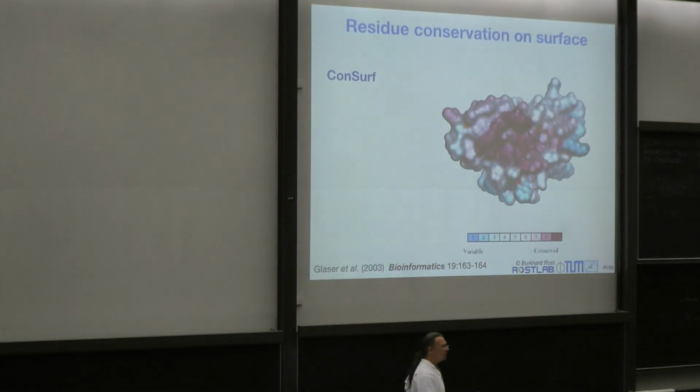One example is shown here in a method from the Nir Ben-Tal group, Tel Aviv University, ConSurf. He takes structures that you know, and this is just one particular protein structure, and the coloring here is according to conserved in red, and less conserved, more variable, blue.